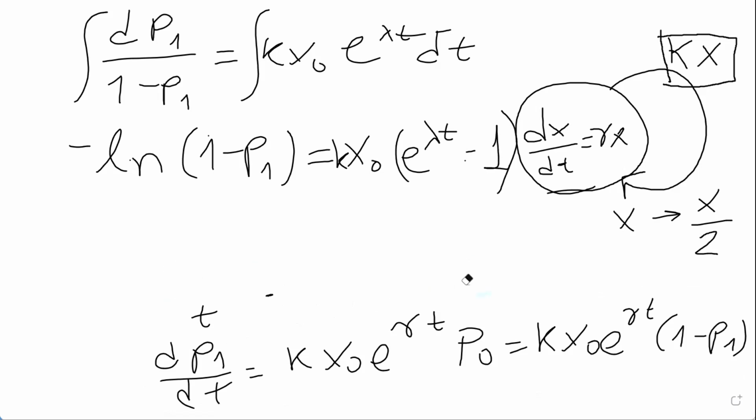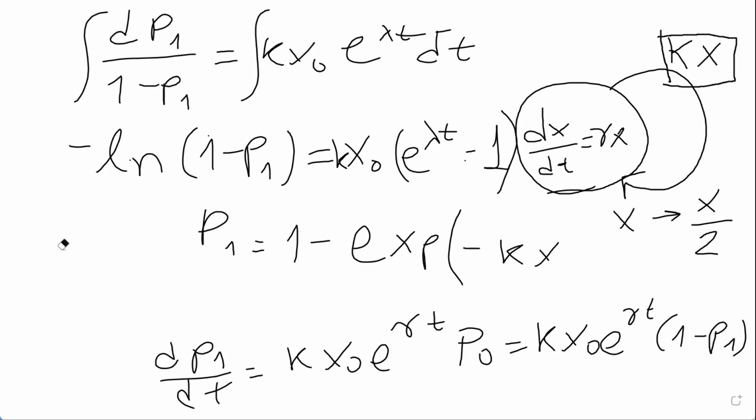And the solution for p1 is 1 minus e to the minus k x0 over gamma times e to the gamma t minus 1. Okay.